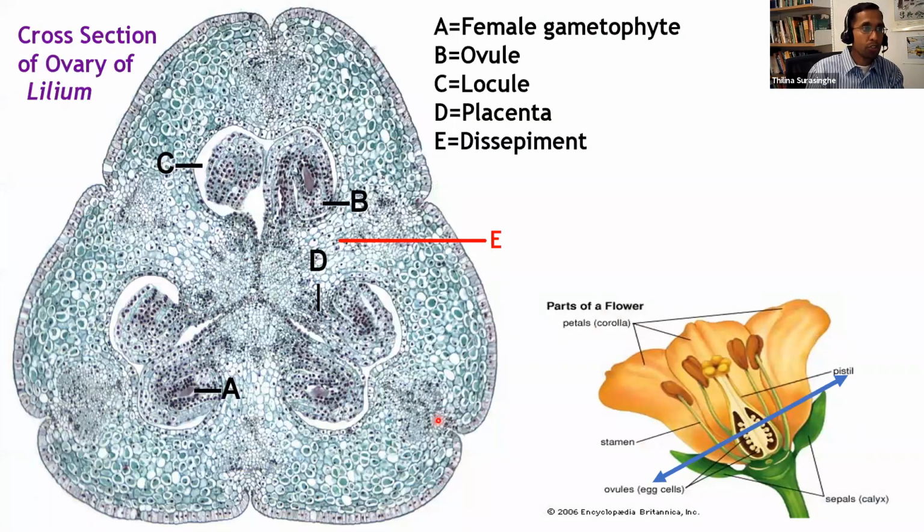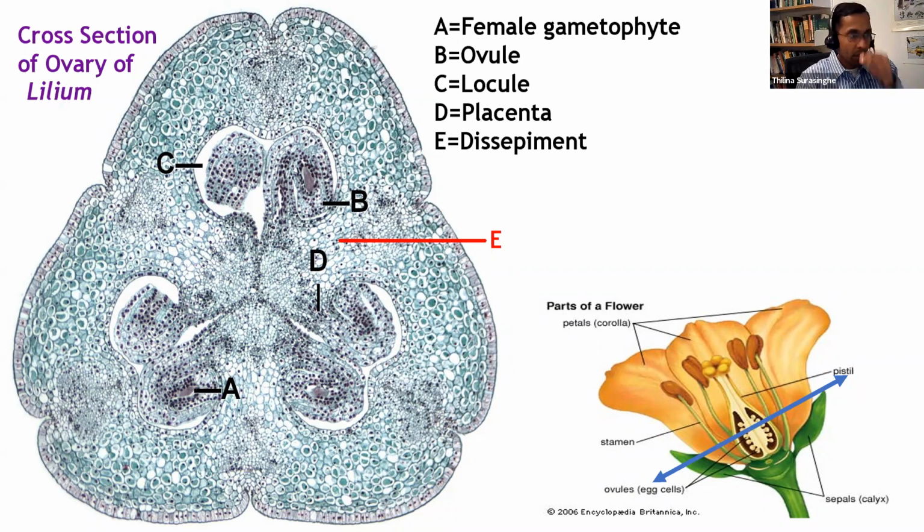So let's take a cross section across an ovary. Here, this is the entire female reproductive structure: pistil, stigma, ovary, and we are cutting across the ovary like this. When you do, you see something that looks like this.